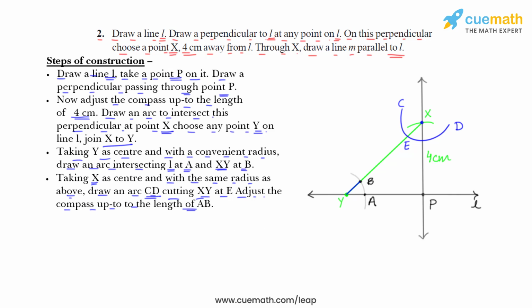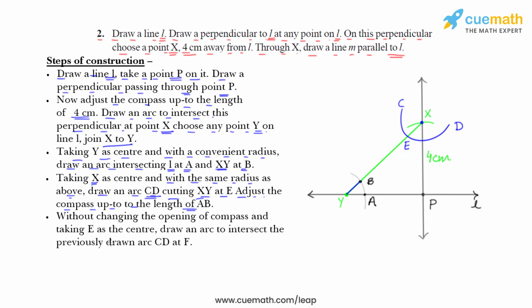Now next step: without changing the opening of the compass, we have to adjust the compass up to the length of AB also. That is this length AB.